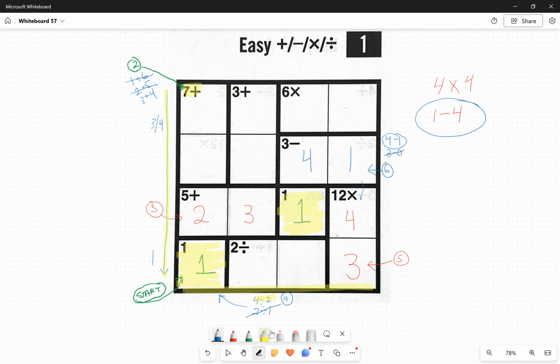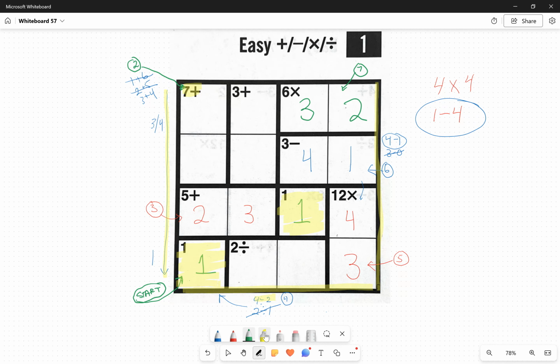Now if we go up this column on the right, we've got 1, 4, and 3 being used, which means 2 has to finish out that column. And I'm looking at getting 6 using multiplication, so I would need to multiply 2 times 3 to get 6. So that would have been my seventh step that I finished.